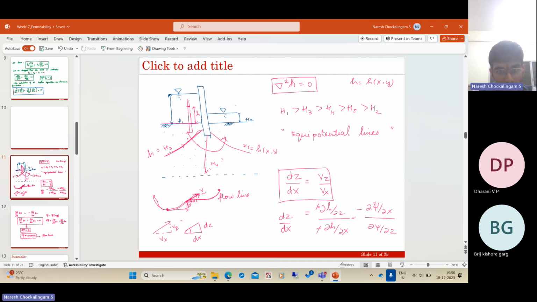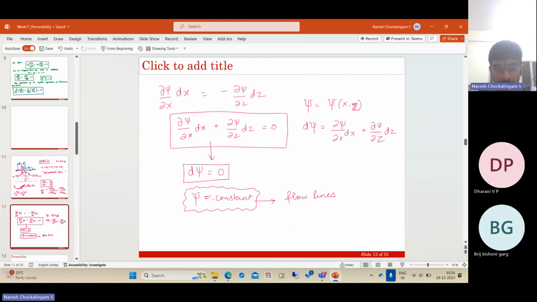The velocity is oriented in the same direction, so that is equal to Vz/Vx. Now we equated these two. When we equate these two, we are considering the tangent to a flow line. So flow lines correspond to ψ equal to constant. The contours of the conjugate harmonic function are the flow lines, and the contours of the potential function are the equipotential lines.